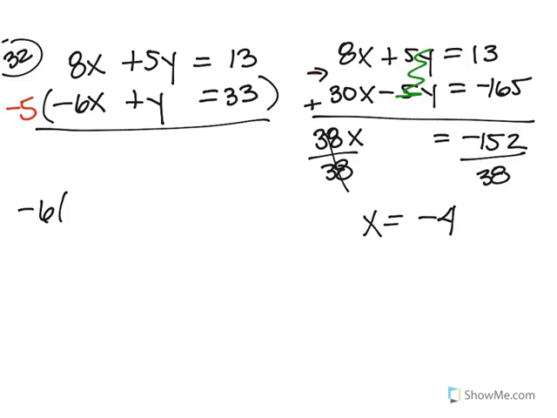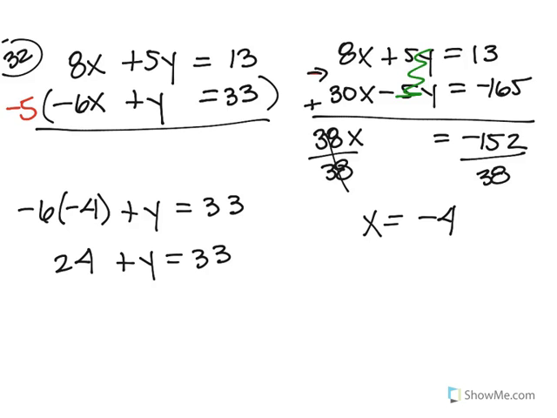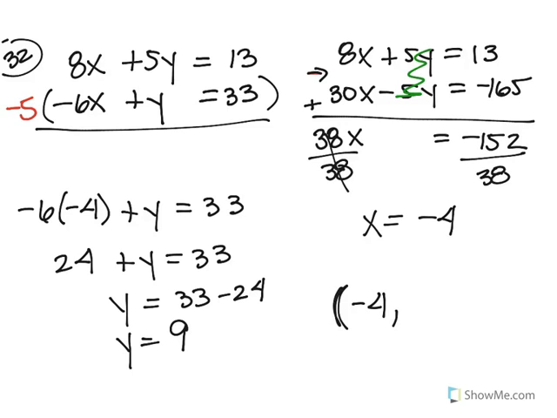If you use the bottom to get your y, that would give you a positive 24 plus y equals 33. So you subtract 24 from 33, and that gives you a positive 9. So my point of intersection would be -4, positive 9.